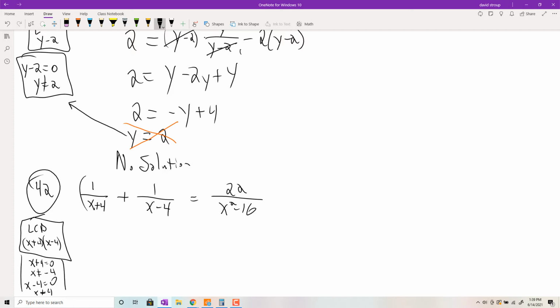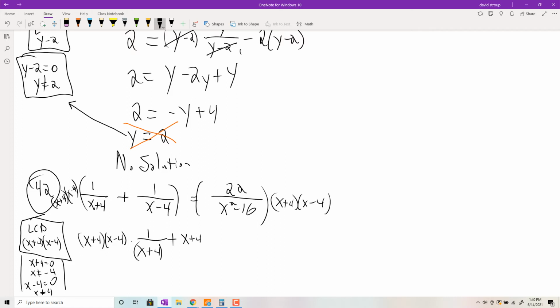Okay, so multiply both sides by our LCD, which is x plus 4 times x minus 4. On the left here, I have x plus 4 times x minus 4 times 1 all over x plus 4, plus... I'm just writing it all out, hoping that maybe that'll help some of you.